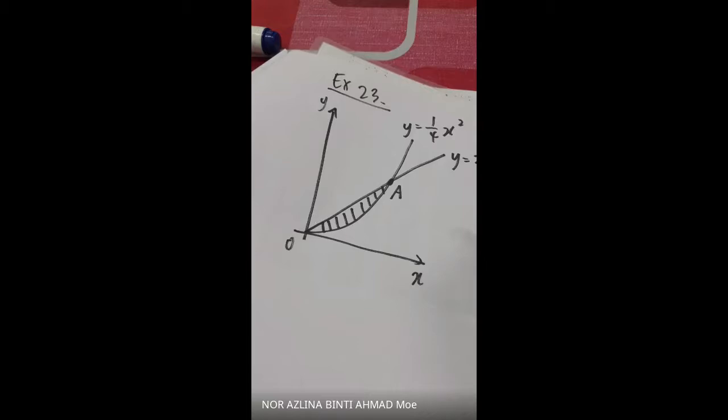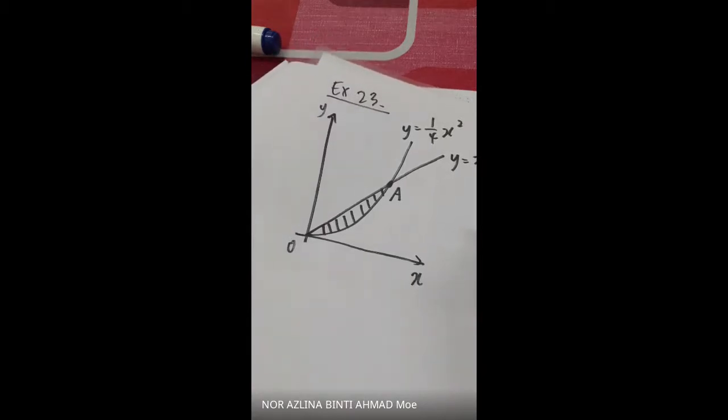In the diagram on the right, the curve y equals 1 over 4 x squared intersects the straight line y equals x at O and A. Find the coordinates of A.